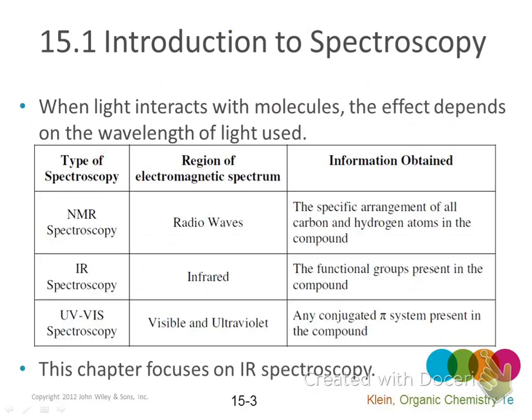Now, you guys remember electrons have spin, right? They either spin up or they spin down. It turns out nuclei have spin as well. So nuclei, depending on the number of subatomic particles, have spin. Turns out hydrogen is one of them. So we can excite the spin states of the hydrogen atoms in an organic compound and tell what their chemical environment is like. We can tell what kind of atoms they're next to.